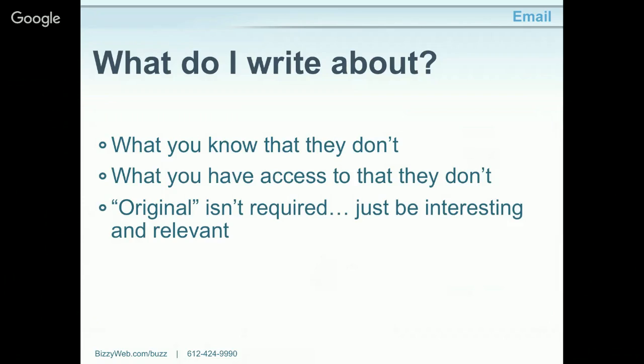Now note that original is still sort of required if you're going to publish that content on the web for search engine results, because Google only pays attention to the first place that any piece of content is published, and that's called the canonical version. But with emails, it's not that big of a deal. Make sure, however, if you appropriate content from other sources, that you give credit to those sources.